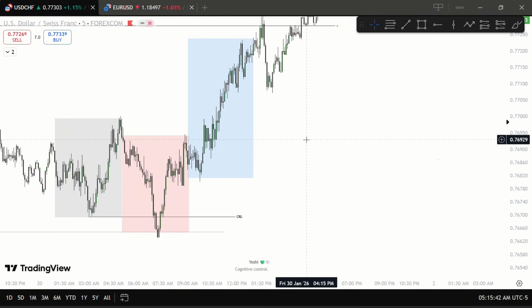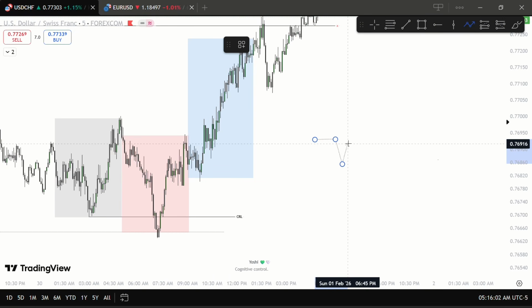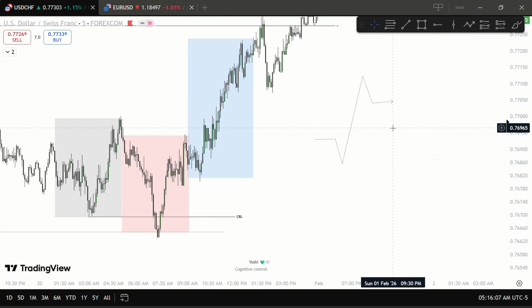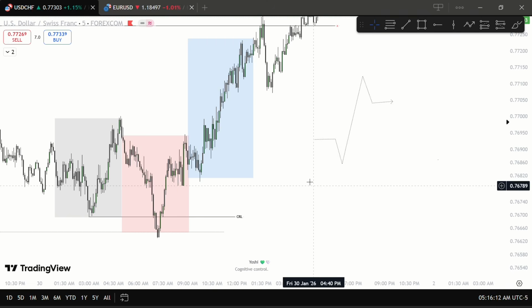If we're expecting bullish prices, I want to see price opening at this level, then we want to see lower prices. This is the wick of the most bearish candle. The low is the wick of the most bearish candle. So we're trading in the wick. So we had open, low, then high, then a close. So we want to be buying below open prices. If we're bearish, we want to be selling above open prices.